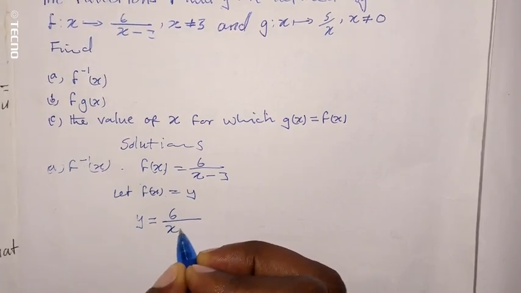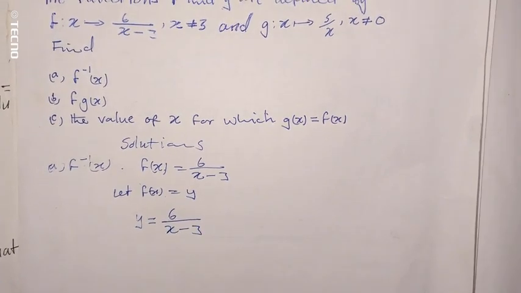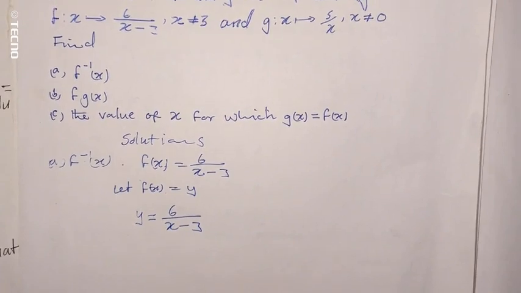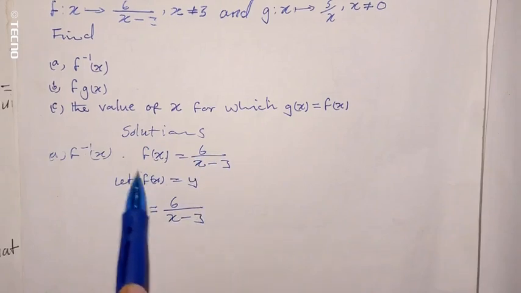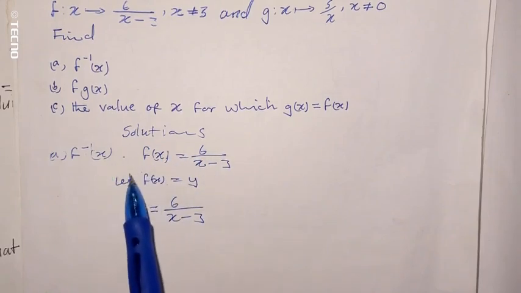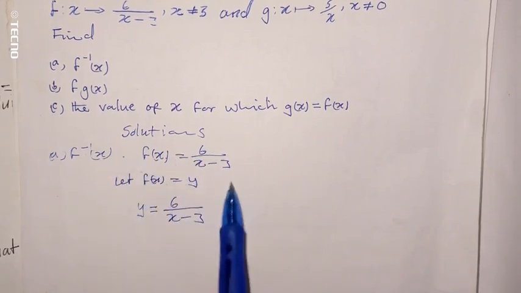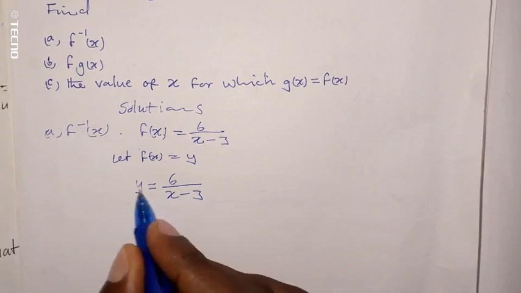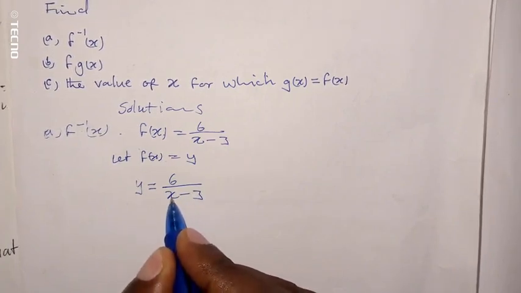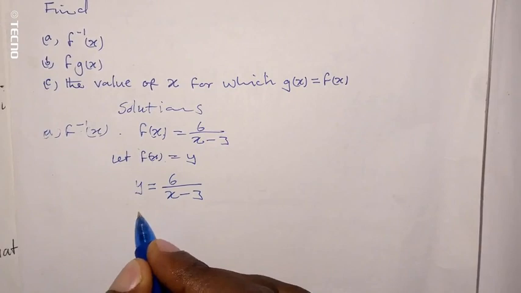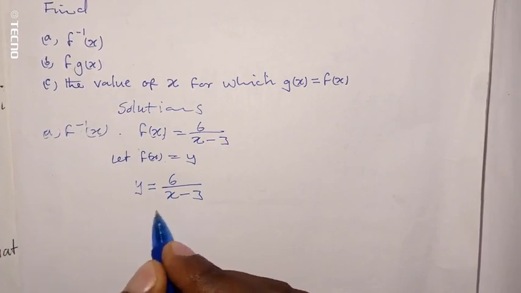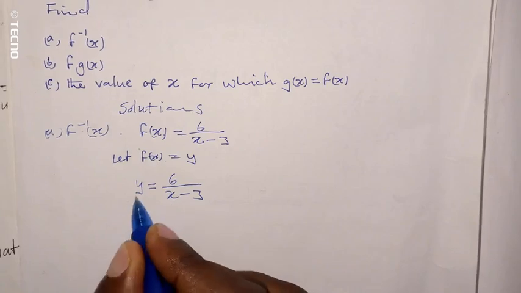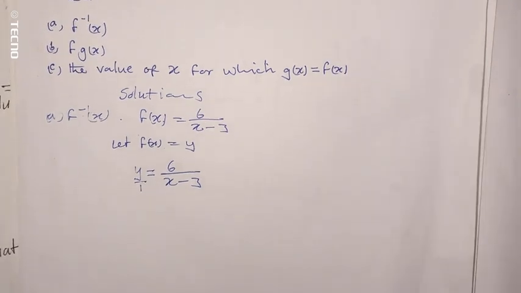over x minus 3. What you need to know is that the inverse is just the opposite of this function. So we want to find the opposite of this function. Our main interest here is to make x the subject of the formula. How are we going to do that?